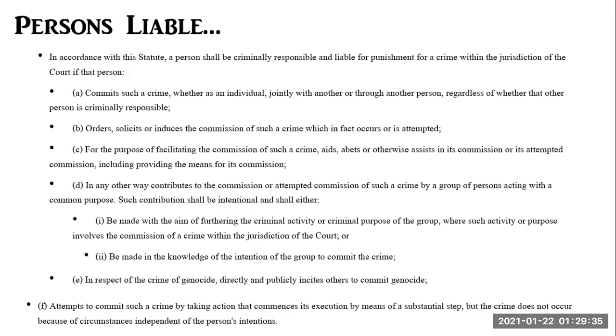In respect of the crime of genocide, directly and publicly incites others to commit genocide. Attempts to commit such a crime by taking action that commences its execution by means of a substantial step, but the crime does not occur because of circumstances independent of the person's intentions.